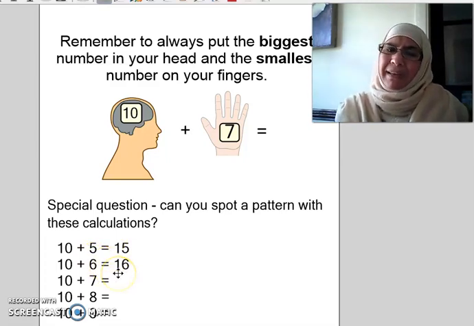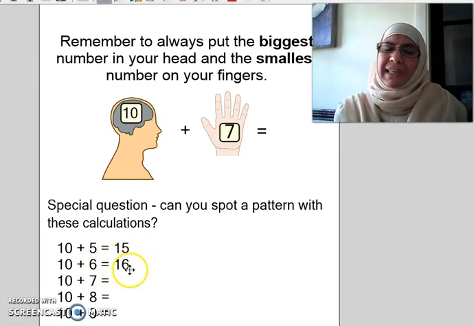Do you notice a pattern? 10 add 5 has got the answer 1 10 and 5 1s, 15. 10 add 6 is 1 10 and 6 1s, which is 16.